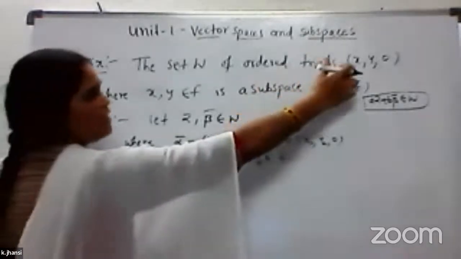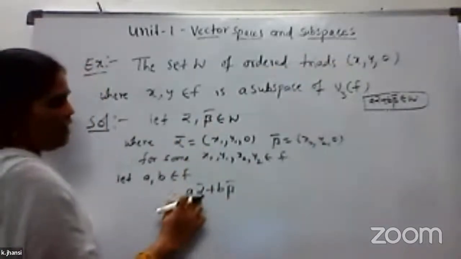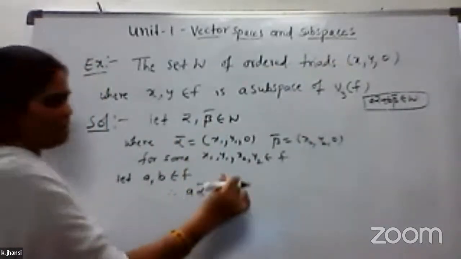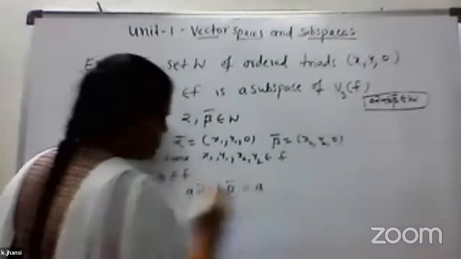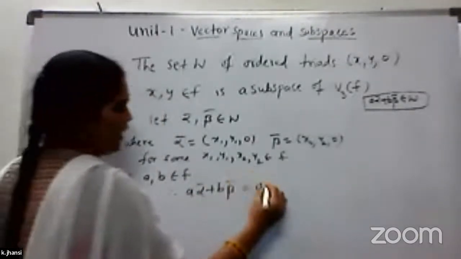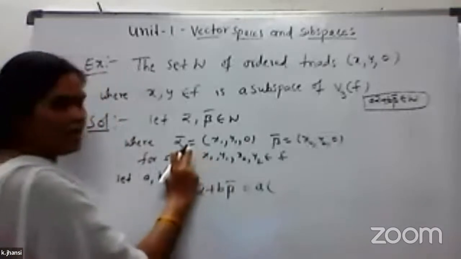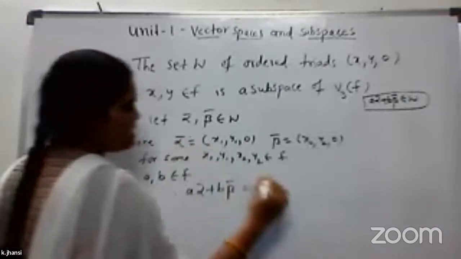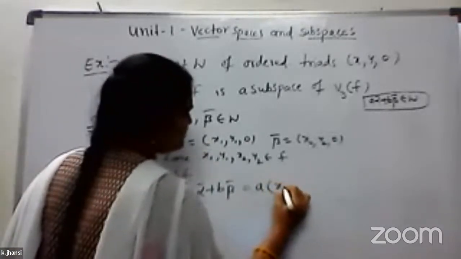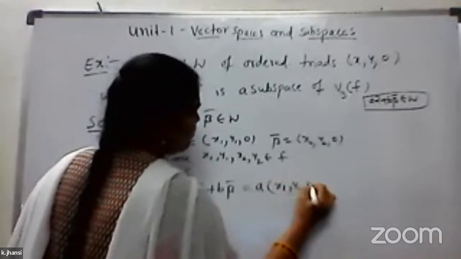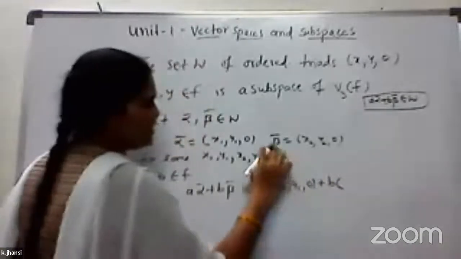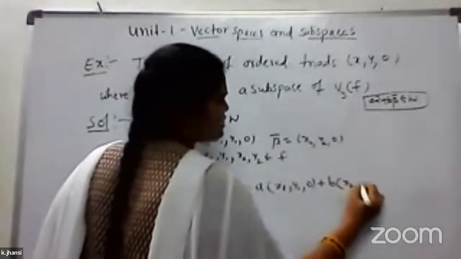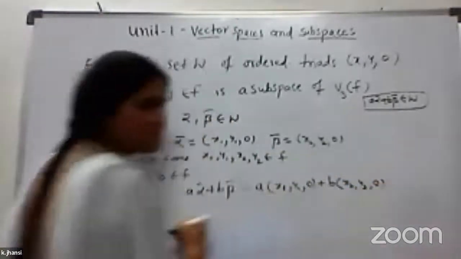Therefore, to prove that this belongs to W, we take a into alpha bar plus b into beta bar. Here a is a scalar, so scalar multiplication: a times alpha bar, which we defined as x1, y1, 0, plus b times beta bar, which is x2, y2, 0.